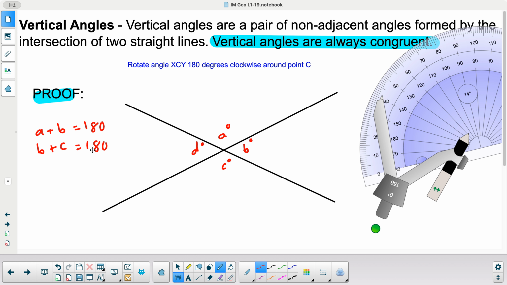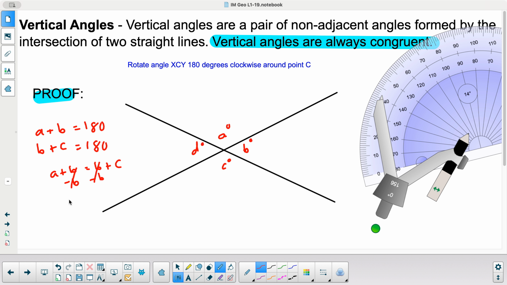So since they both equal 180, you could just say, well, obviously A plus B has to equal B plus C, because they both equal the same thing. They both equal 180. And then if I do a little bit of algebra, okay, this is called the subtraction property of equality.